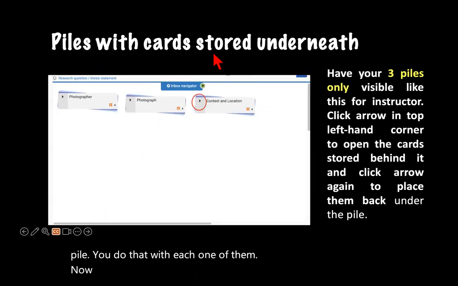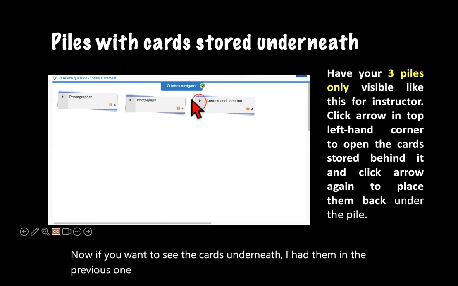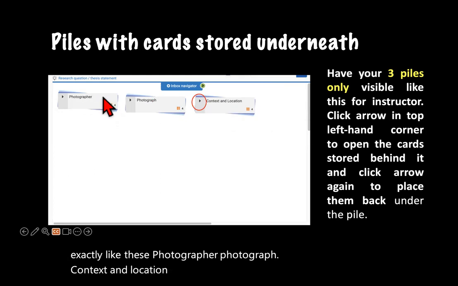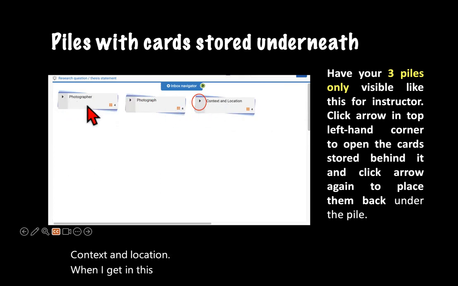Now, if you want to see the cards underneath, like I had them in the previous one, you have only 3 piles, and they should be titled exactly like these: photographer, photograph, context, and location. When I get in, this is all I want to see when you turn it in for a grade.